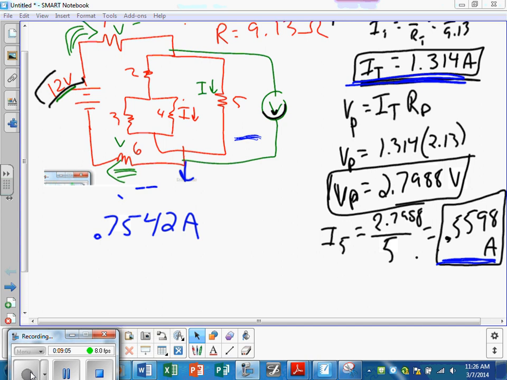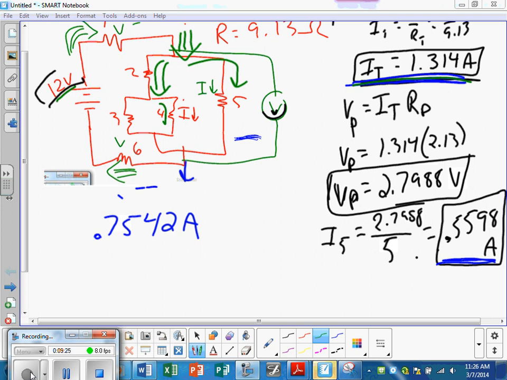We know that there's a total current that goes into this situation equal to 1.314. Do you agree? And we know that part of that current goes through here, and the other part goes through here, and then it splits up into 2 pieces here, and then comes back together until finally everything's back together here. We know that, right?